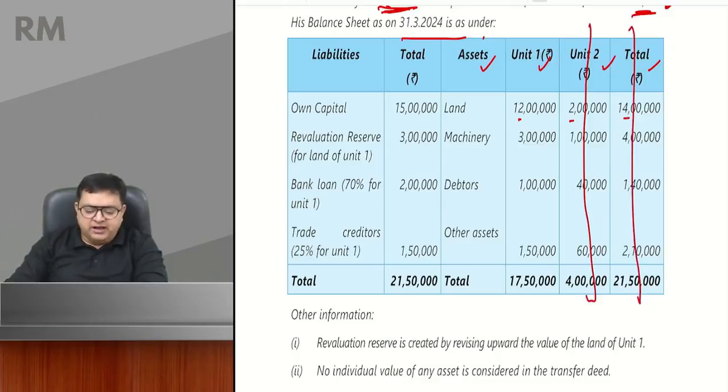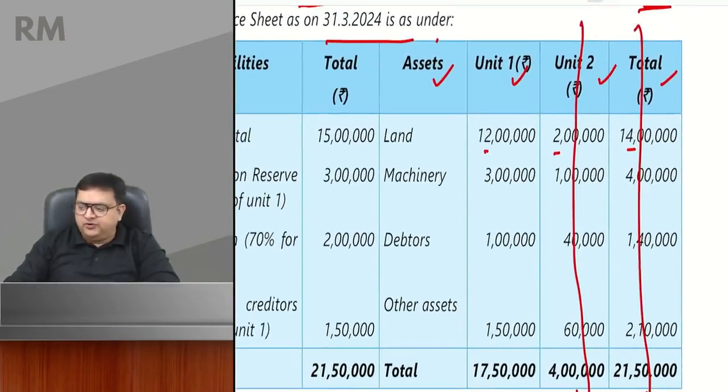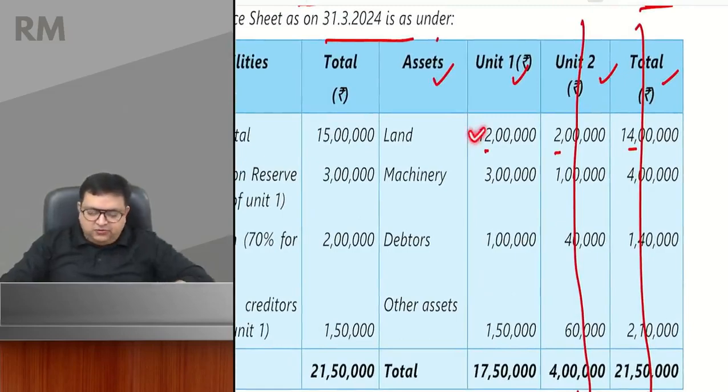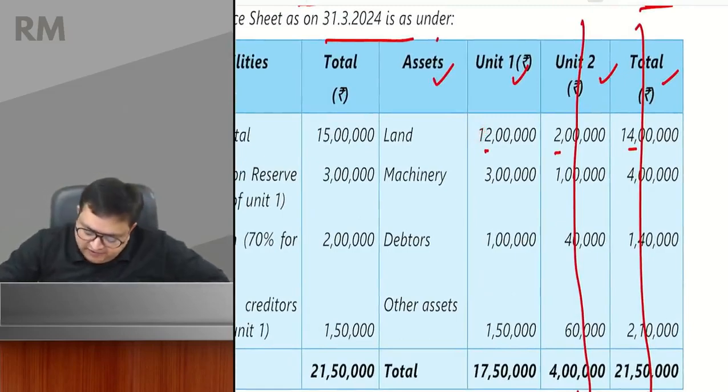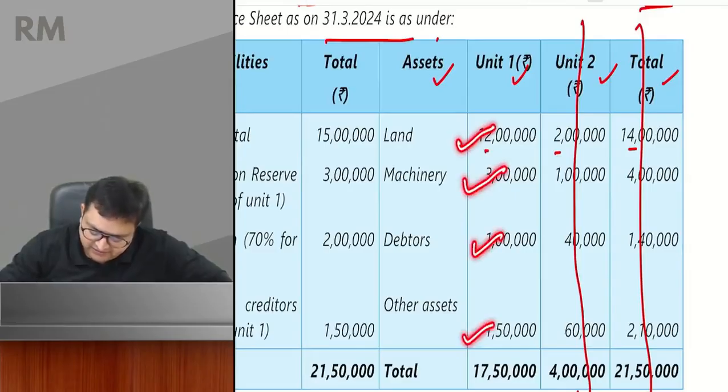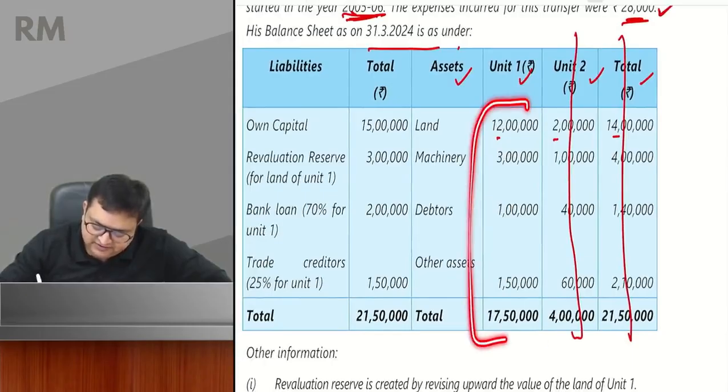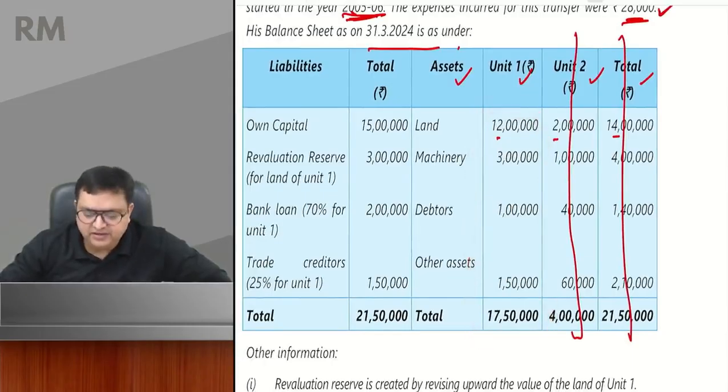I'm only interested in the net worth of unit 1, which we are selling. Land is 12 lakh, machine 3 lakh, debtors 1, other assets 150. So the total assets are 1750.